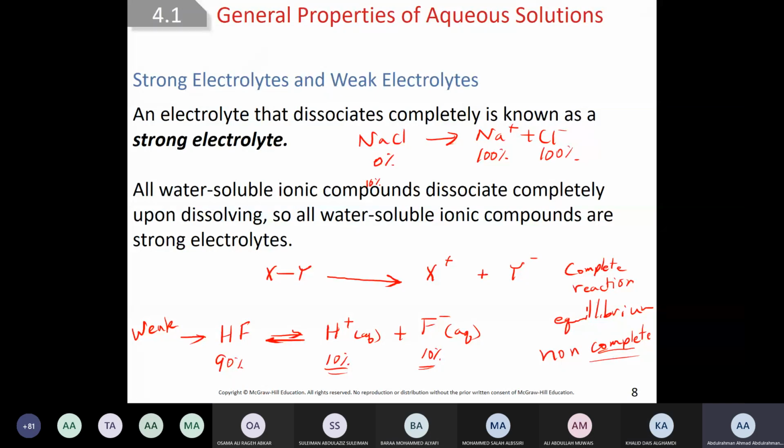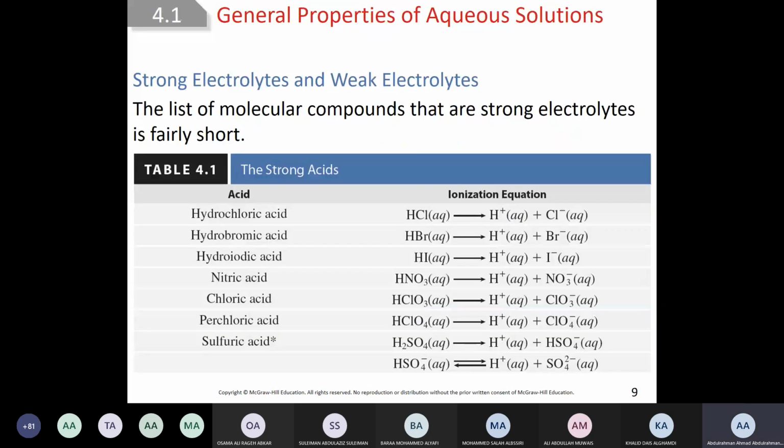And this is why this will be called strong electrolyte, complete. While HF will be called weak electrolyte. Good.